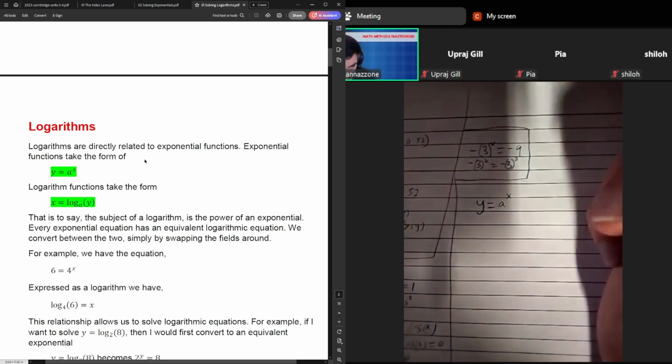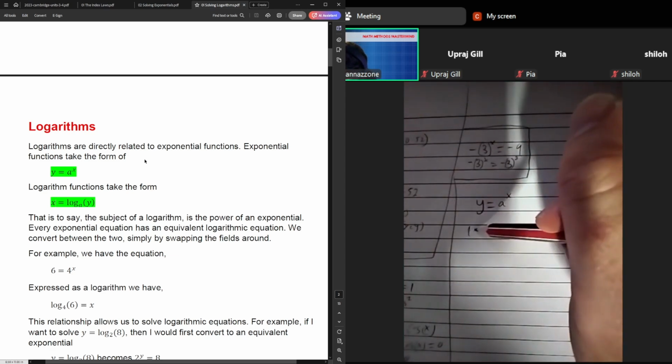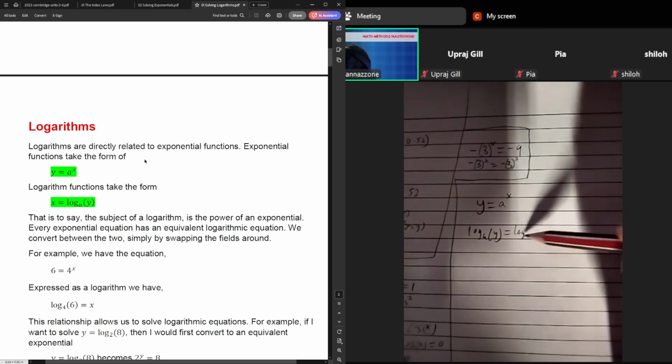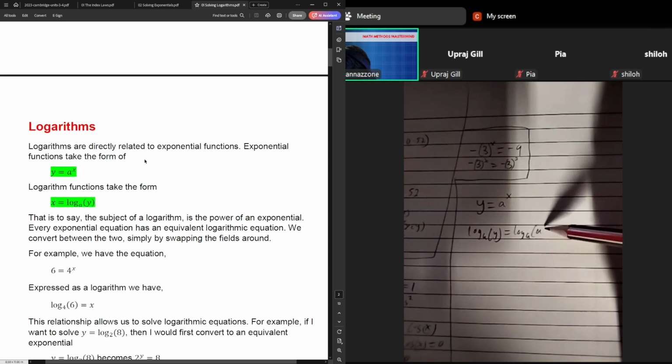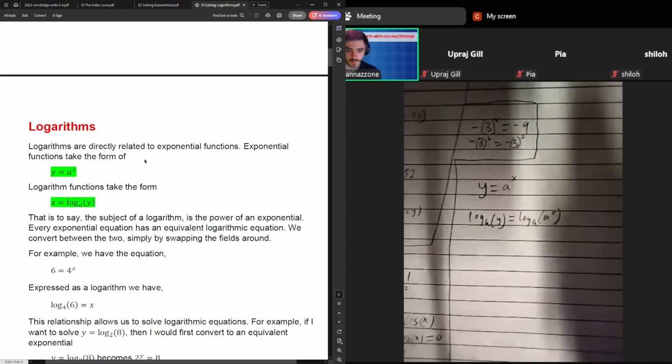And the way that works in this case anyway is applying a logarithm to both sides. So I could write log a of y equals log a of a to the power of x. So basically wrapping both sides of my equation with a log a.